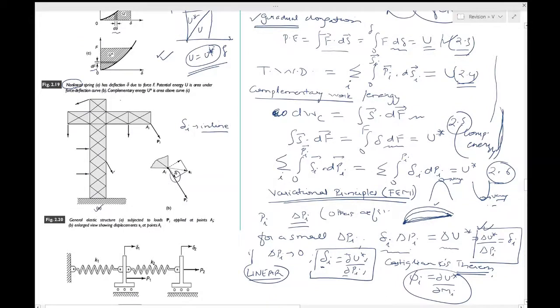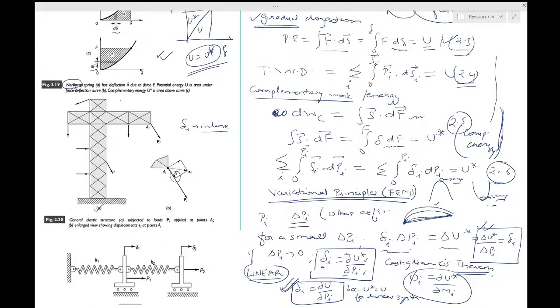So Castigliano's theorem can be written as delta i equals dou U by dou Pi, because U star is equal to U for a linear system. This course, as I have said, will be only about linear systems, hence our Castigliano's theorem is this. We will use it in the problems for the next class to find the inline displacements.